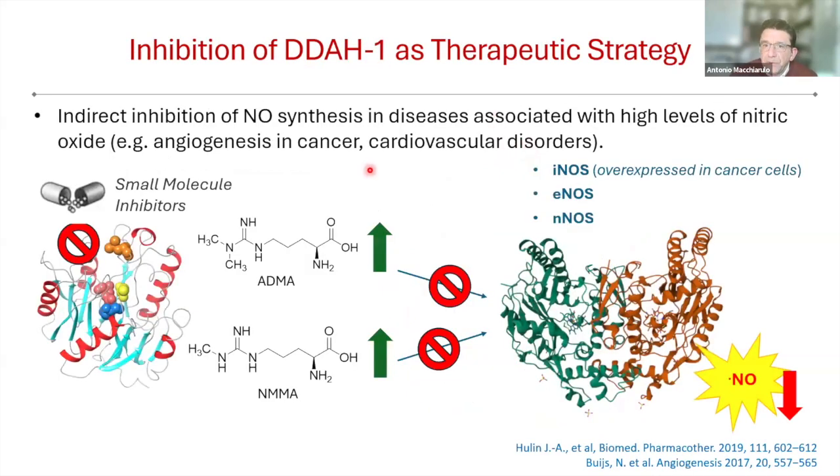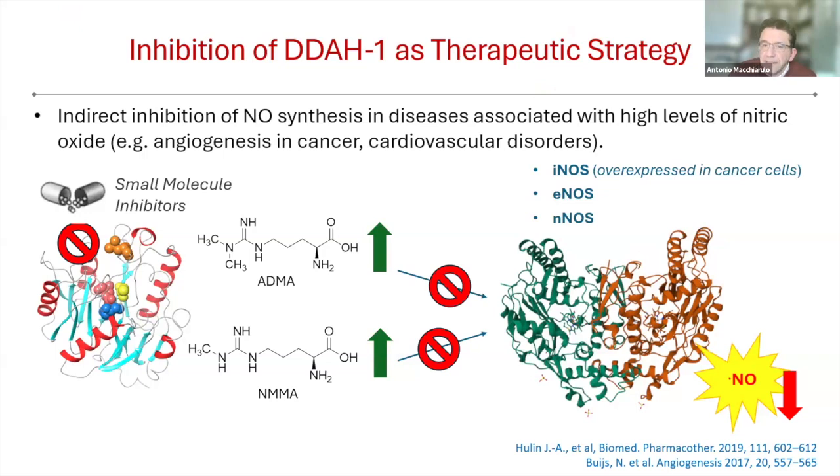From a theoretical point of view, the inhibition of DDAH1 is pursued to achieve an indirect inhibition of nitric oxide synthesis in diseases where there is an associated high level of nitric oxide. This is because the substrates of the enzyme, ADMA and NMMA, are both inhibitors of all three isoforms of NOS: the inducible NOS, the endothelial NOS, and the neuronal NOS.